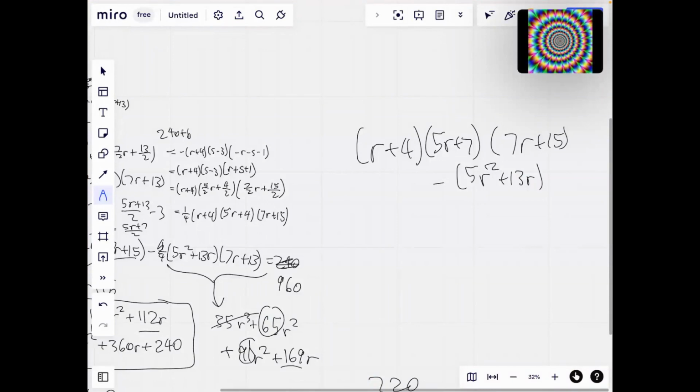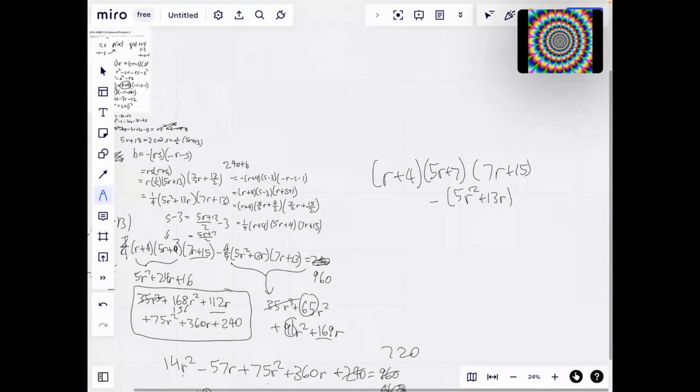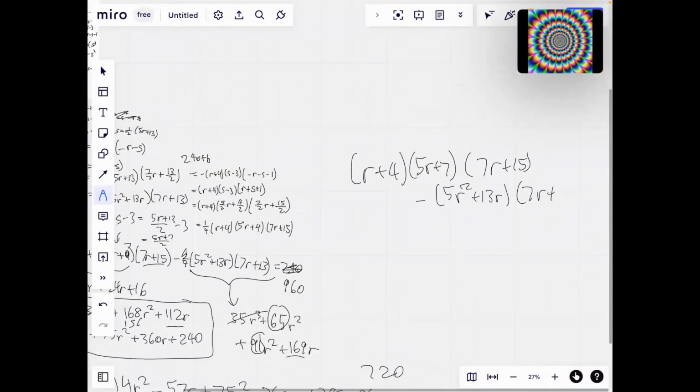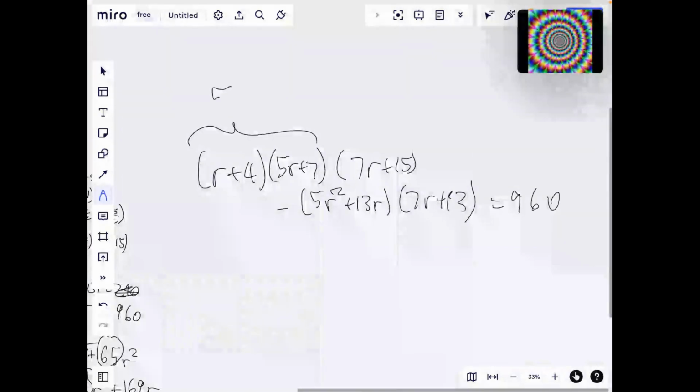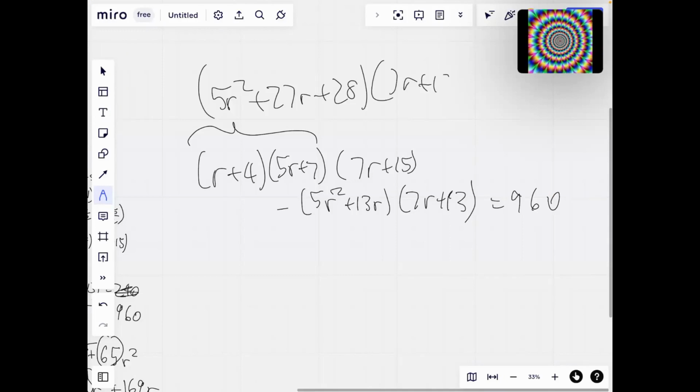Okay. 5r squared plus 13r times 7r, 5r squared plus 27r plus 28. I'm multiplying this by 7r plus 15.